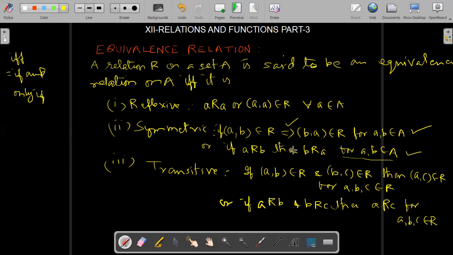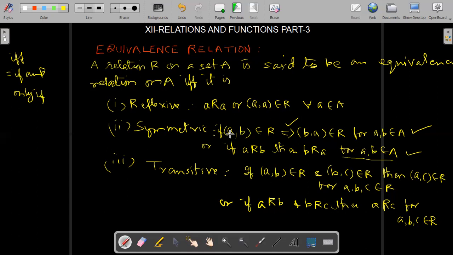For the question, we have to check. Sometimes the questions are based on some properties, and we have to check whether they are applicable or not. Sometimes it is mathematical questions, so we have to check like that only. It depends on the question, but we should see all these three conditions.